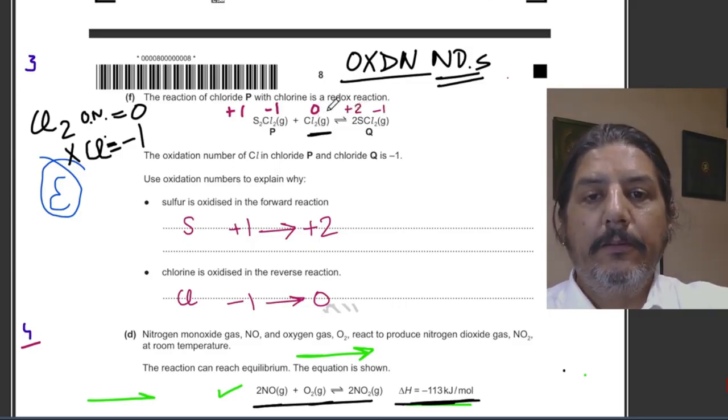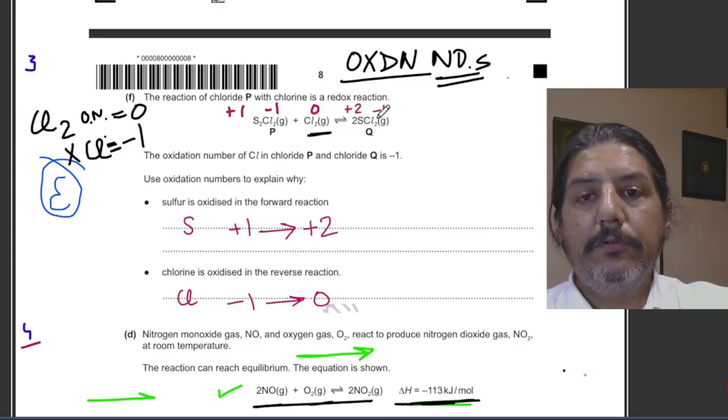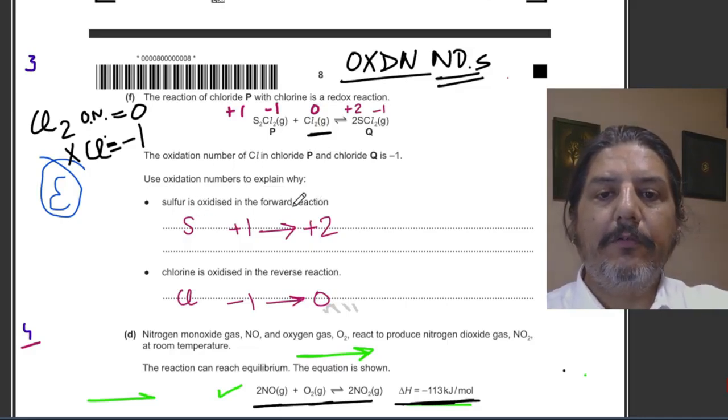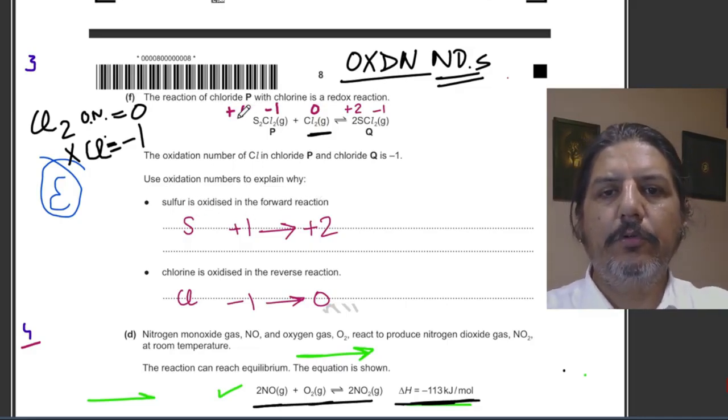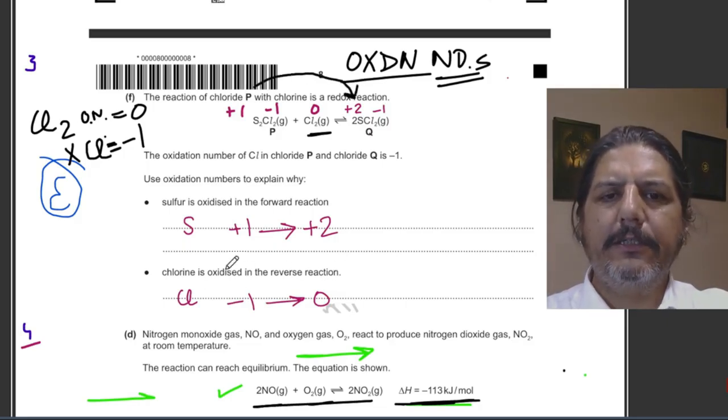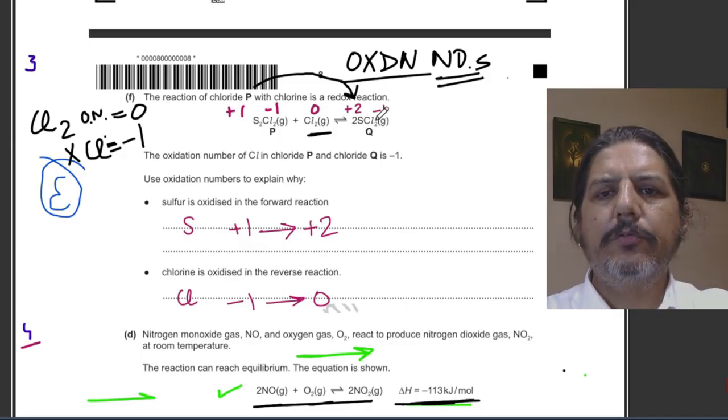In the reverse direction, if you look closely, chlorine goes from -1 to 0. So the question is, is sulfur oxidized in the forward direction? Yes, of course, because it goes from +1 to +2. Is chlorine oxidized in the reverse reaction? Yes, it is oxidized because it goes from -1 to 0.